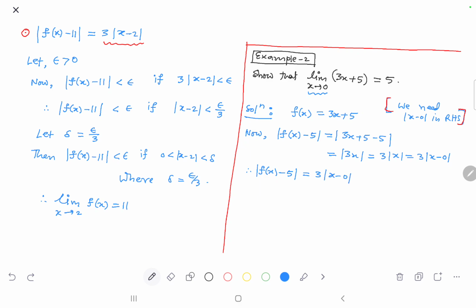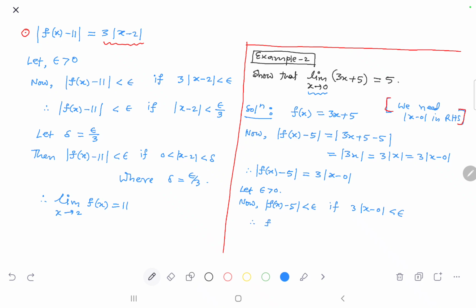Any question so far? Alright, so let epsilon be greater than 0. Now the absolute value of f(x) minus 5 is less than epsilon if 3 times |x - 0| is less than epsilon.